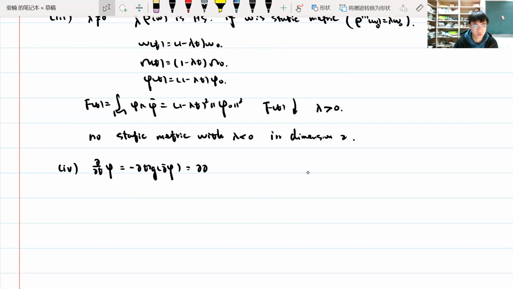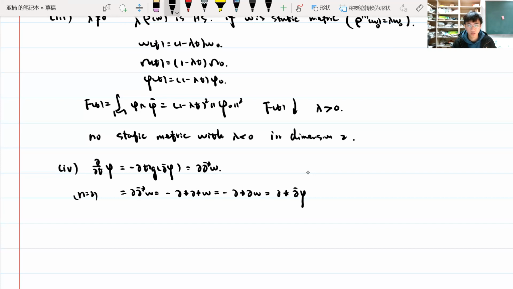This is d star omega. D star in dimension 2: star omega is just omega, and use the relationship that this is d bar phi.